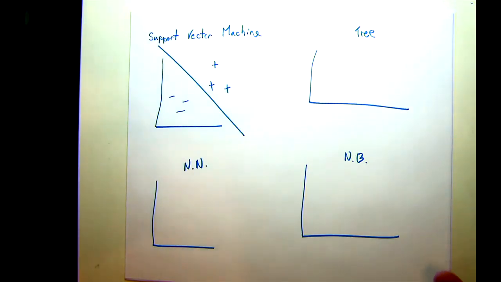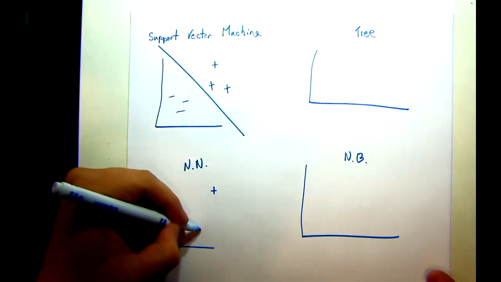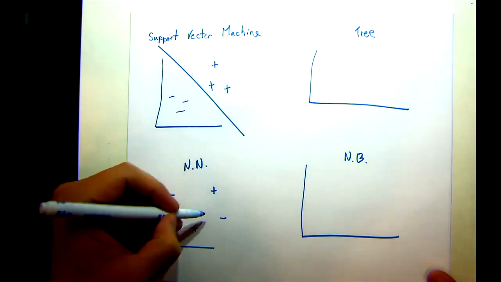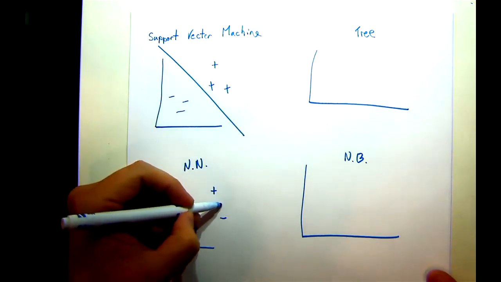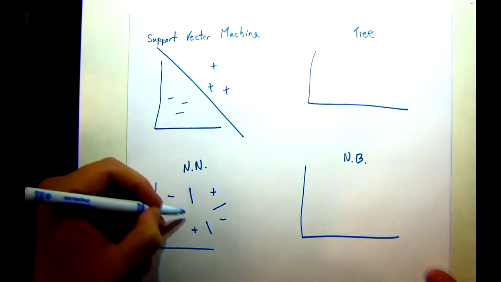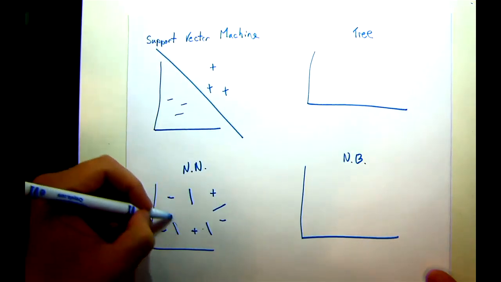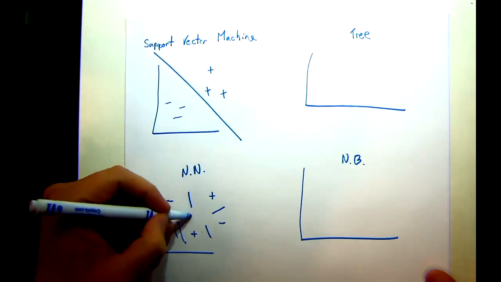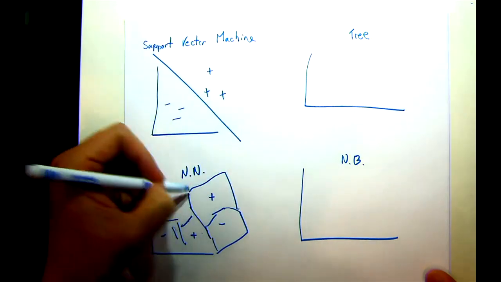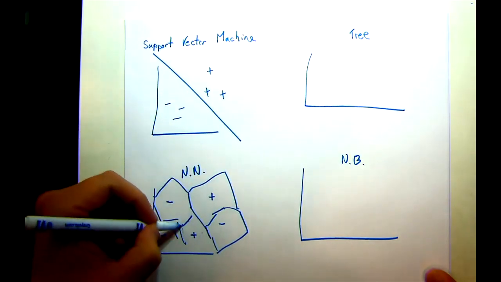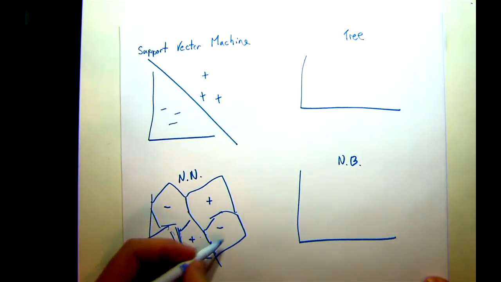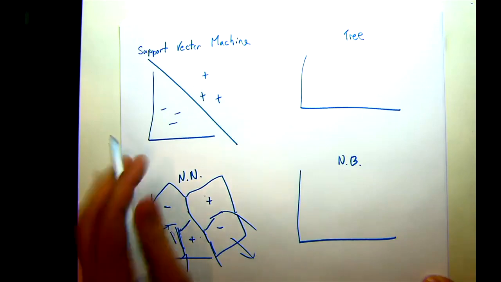Nearest neighbor is interesting because it basically forms cells. These are a little hard to draw because you have to draw the halfway points between things. It's a little poorly drawn, but these actually go off to infinity.